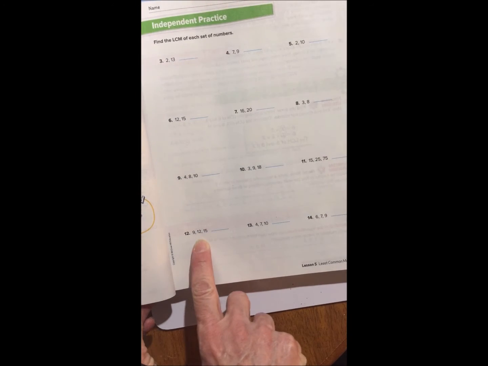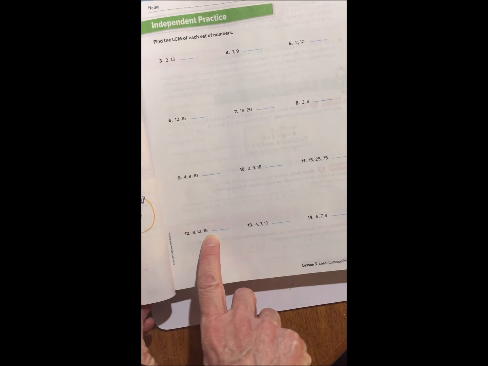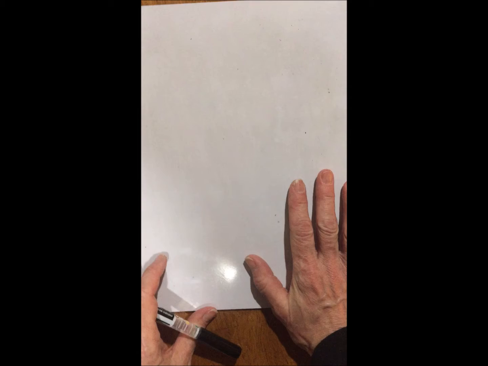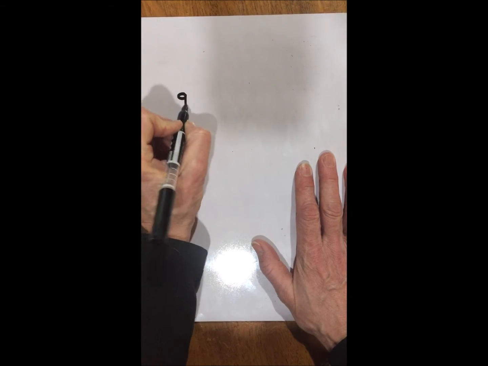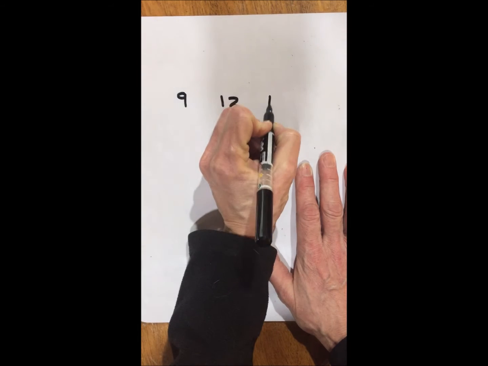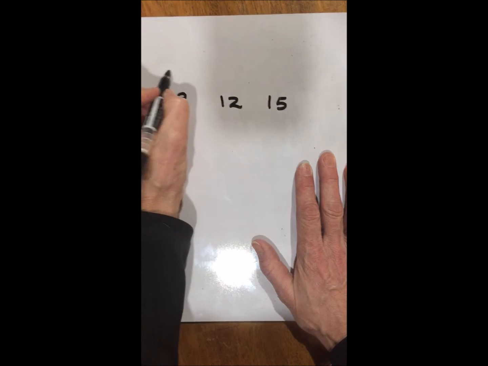Now we're going to try, let's try number 12. Number 12 looks like this. 9, 12, and 15. So for number 12, straighten up my board, we've got 9, 12, and 15. And this is number 12.